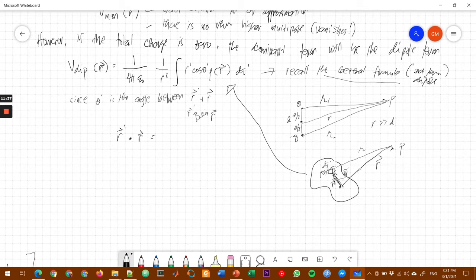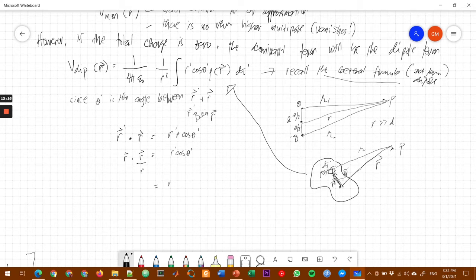From our vector analysis lesson before, that is given by the magnitudes r prime r cosine theta prime, the general formula AB cosine theta. So we can simplify this one. We retain r prime cosine theta prime, wherein the r we move to the other side. So we have r prime over r, over the magnitude of r.